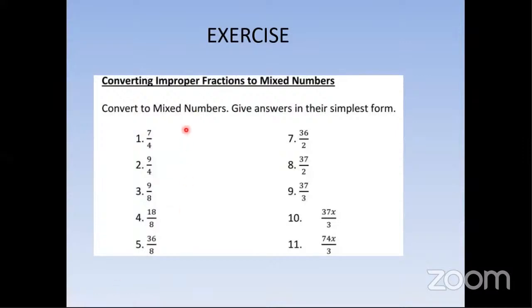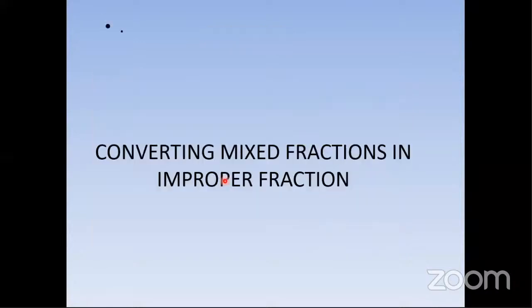I'm going to send this exercise on our Google Classroom, and then we shall work it out. They are simple numbers as you see them, but we are converting all of them into mixed numbers. That is what we are going to do. Don't worry, I'm going to send it.